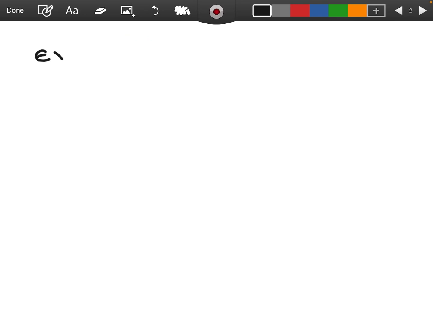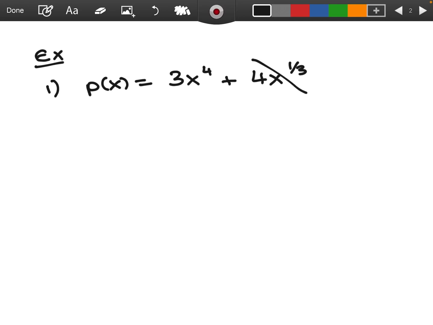I want to give you some examples just of things that are polynomials, things that aren't polynomials, just so that we are aware as we go along. First one, let's do p of x is equal to 3x to the 4 plus 4x to the 1/3. This is not a polynomial. If I didn't have this end term here, then I would have a polynomial.